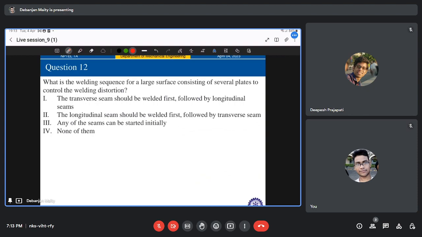So, what is the advantage of this presetting? The advantage is that there are few or no residual stresses once the part has been welded. If you are doing some rigid fixturing also, there can be a consequence.